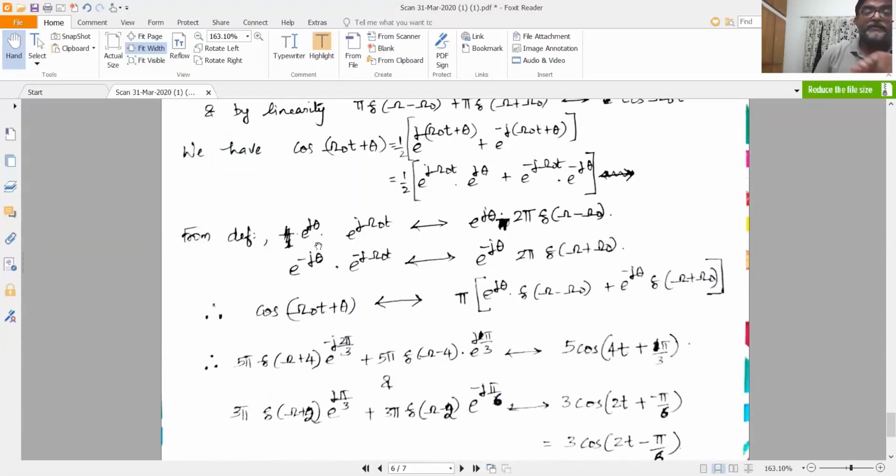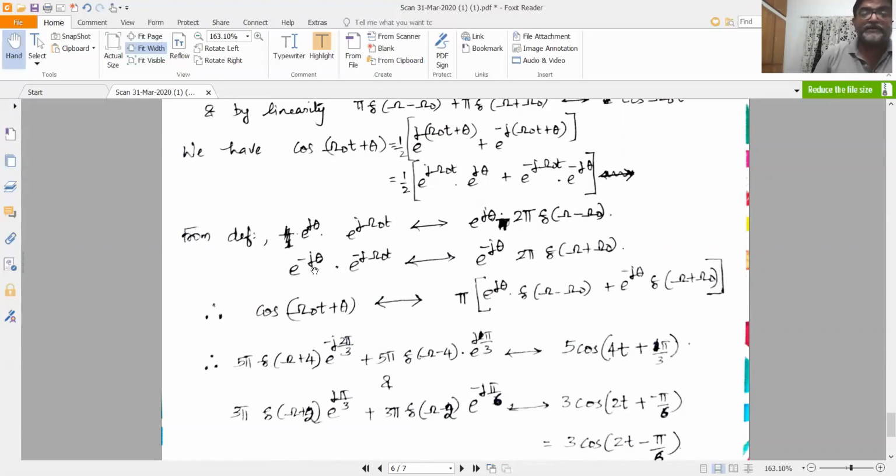From the definition, e raised to j theta is a constant, so e raised to j theta into e raised to j omega naught t has a Fourier transform e raised to j theta into 2 pi delta omega minus omega naught.